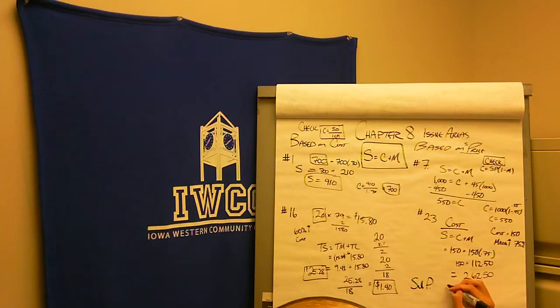So what if we want it based on selling price? It's the same formula, but our markup is going to be based on the selling price, not on the cost. The cost is still 150. The markup, though, is based off of our selling price, which we don't know. So we have to get rid of our 0.75 selling price: selling price minus 0.75 selling price gives us 0.25 selling price equals 150.